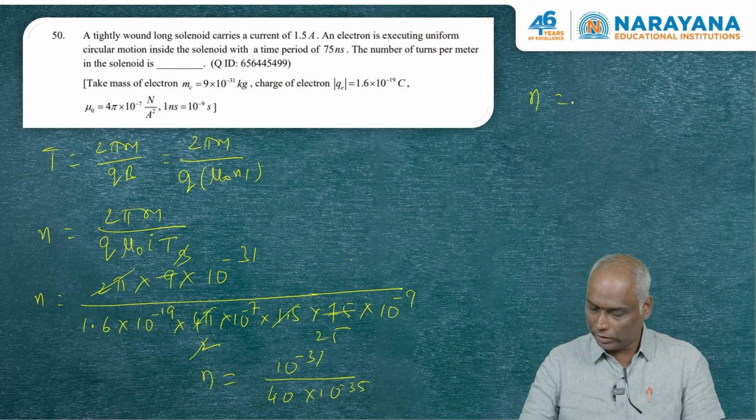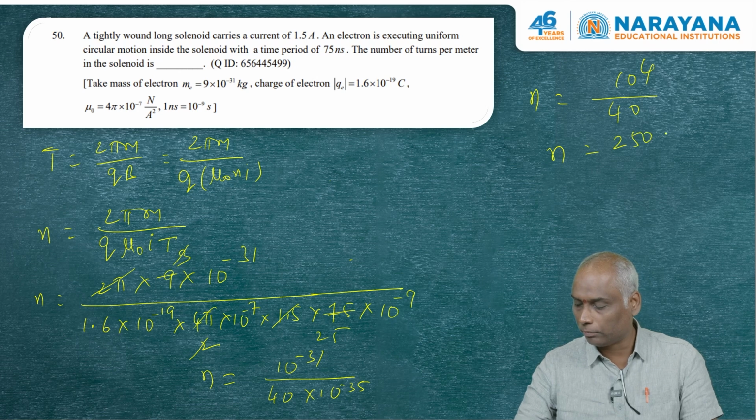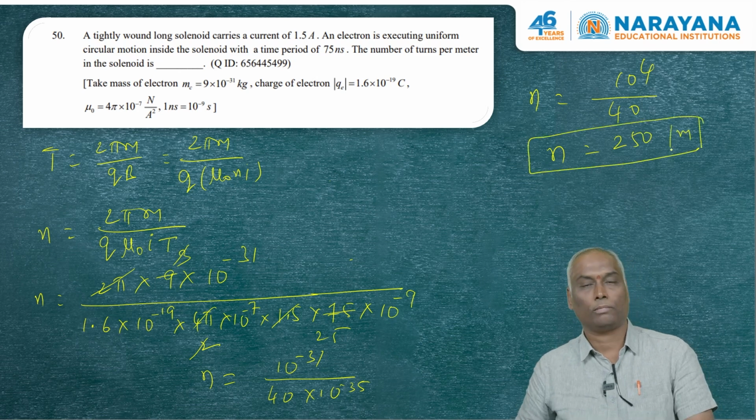So the value of n is going to be 10 to the power of 4 whole divided by 40. So this should become 1000 by 4, which is nothing but 250 turns per meter.